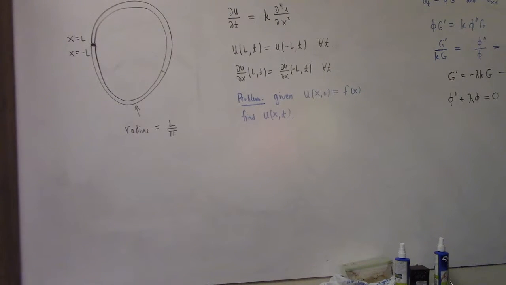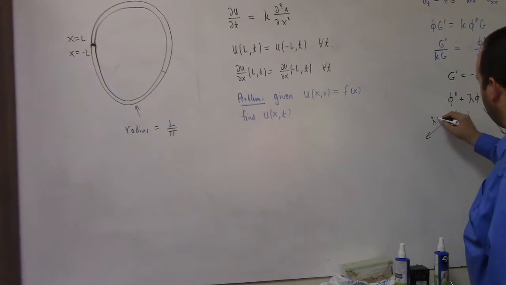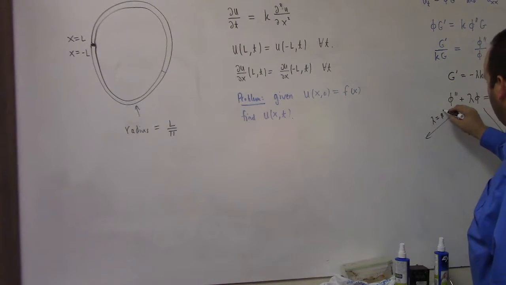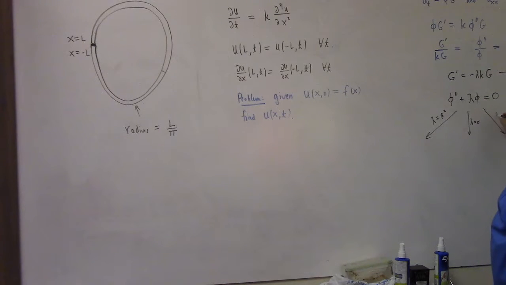Which gives me different kinds of solutions depending on my choice of lambda. I've got three different things to think about in principle. I've got lambda equal to beta squared, lambda equal to 0, and lambda equal to minus beta squared.